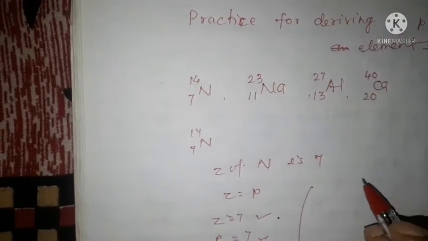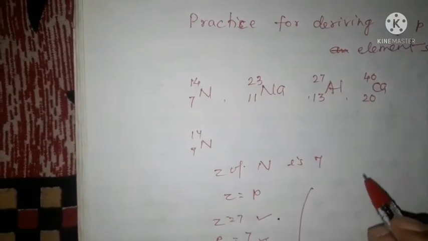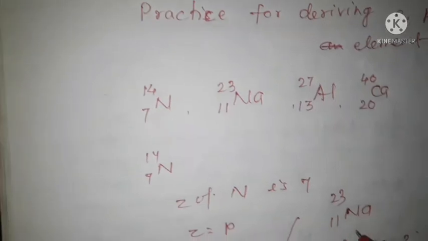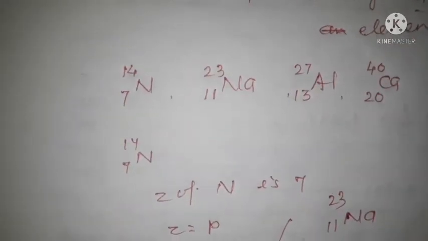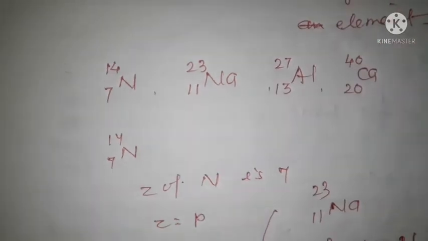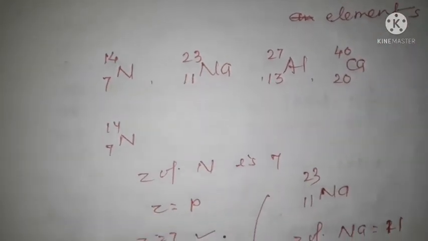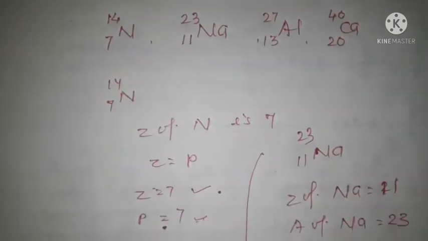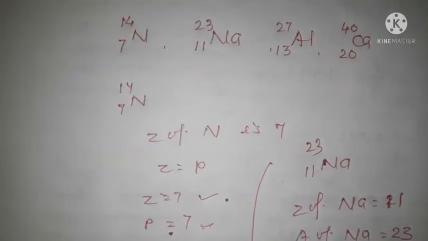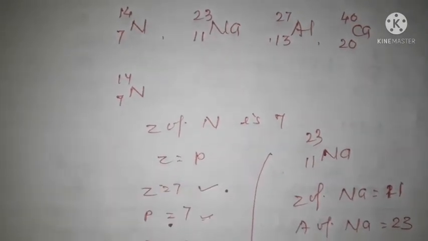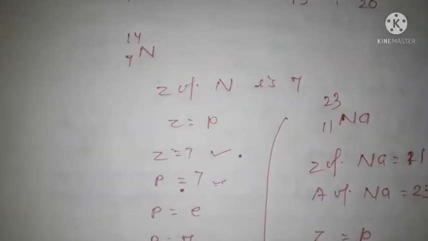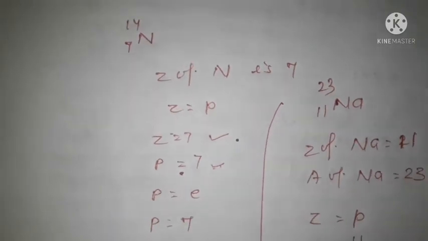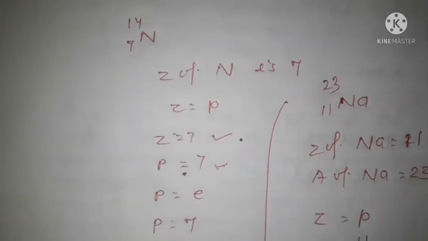Now again we have to derive it. Now sodium: we know that Z of sodium is 11 and A of sodium is 23. First we derive the number of protons and electrons. Z is equal to P, atomic number is equal to the number of protons. So if Z is 11, then the number of protons is also 11. The number of protons is equal to the number of electrons, so electrons are also 11.